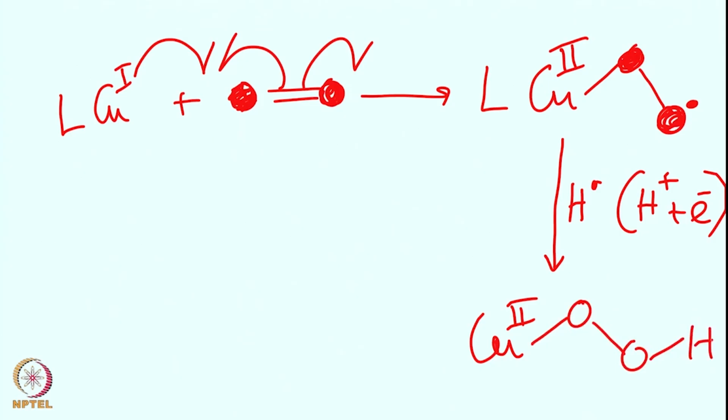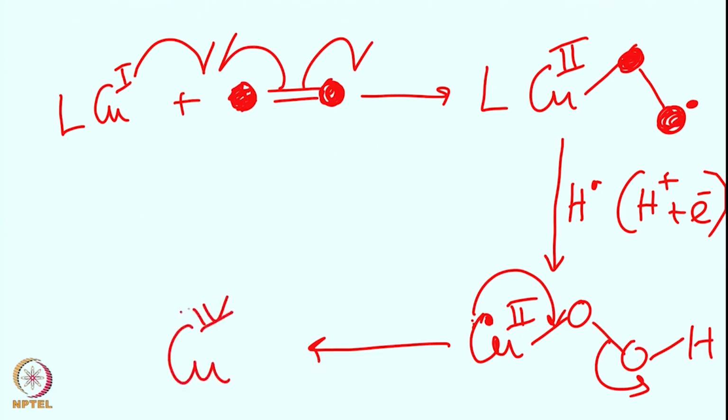Now, this copper(II) OOH can be further transformed into giving you copper(III) OH or copper(IV) OH. So, for example, if this is the mode, you can form copper(IV) oxo. So far, of course, this also has been proposed as one of the reactive intermediates, but never really have any proof so far in the literature.